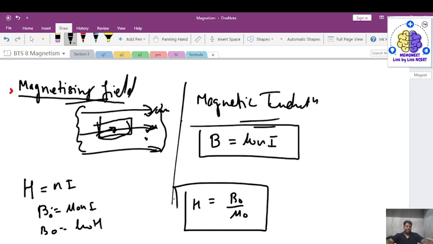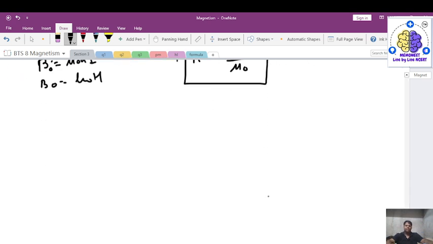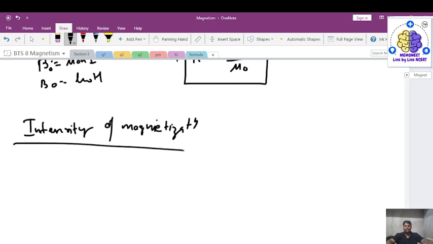Then the next thing is your intensity of magnetization. Intensity of magnetization, that is the magnetic moment developed per unit volume.